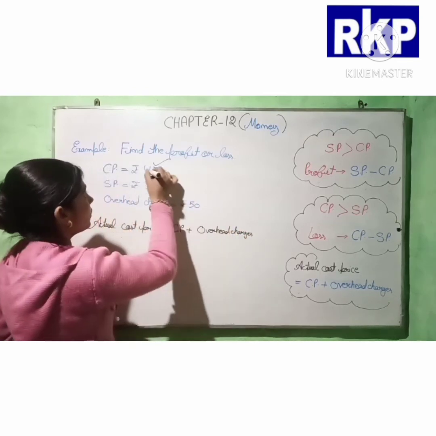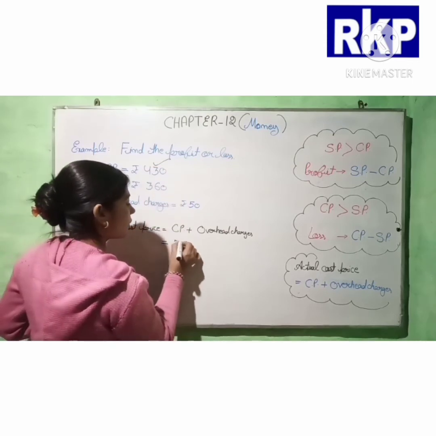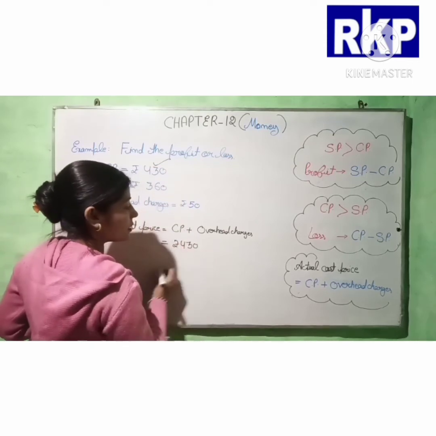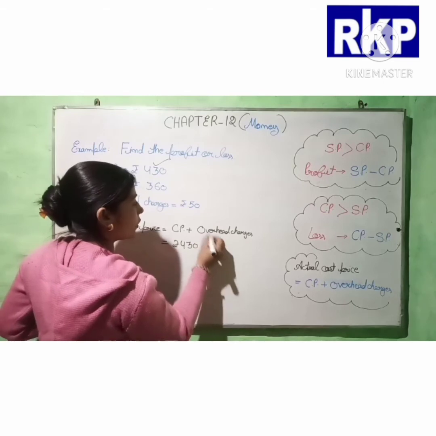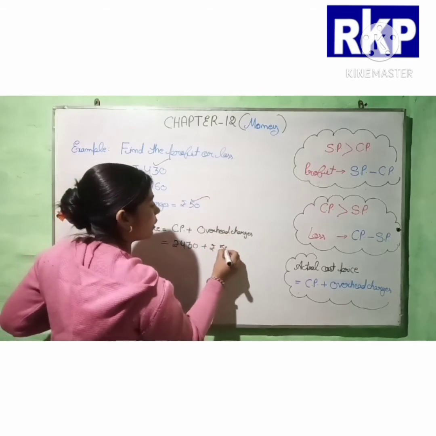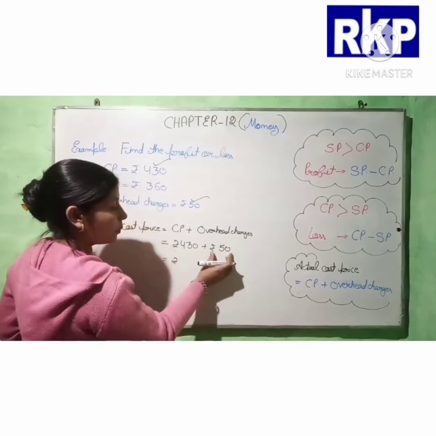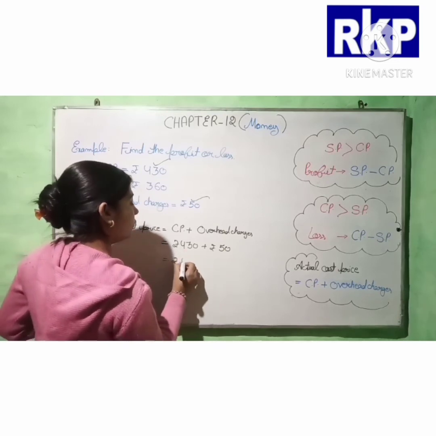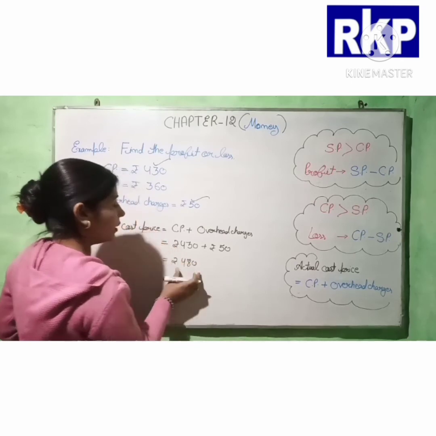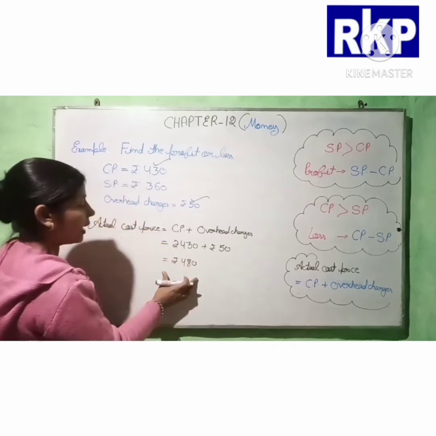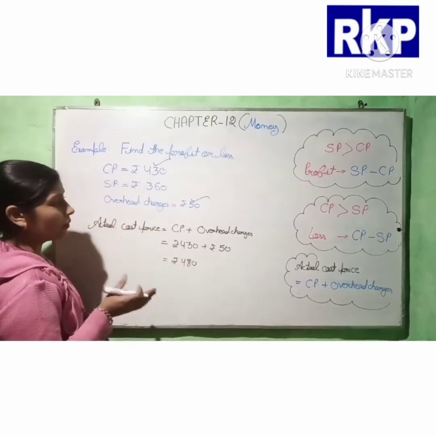So what is the cost price? 430 rupees, and what are the overhead charges? 50 rupees. When we add 50 to 430, we get 480 rupees as the actual cost price.